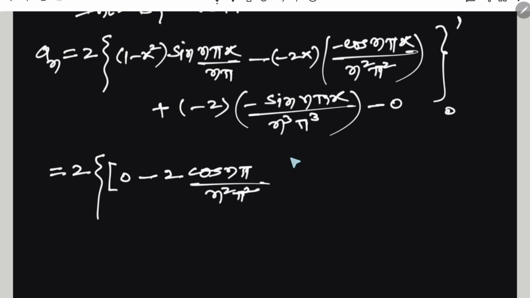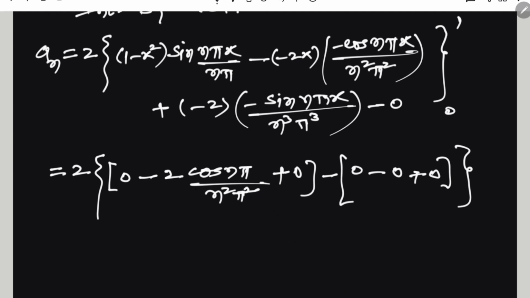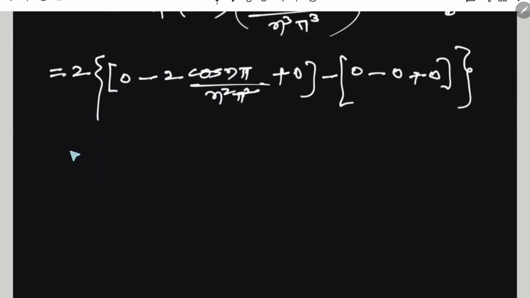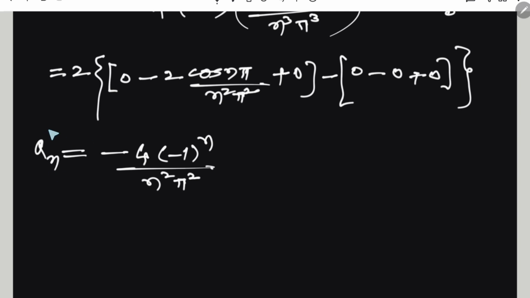Minus minus becomes plus, sine of n pi is 0, minus lower limit, sine 0 is 0, so the first term is 0. As x is 0, the second term also becomes 0. And once again the sine term, sine 0 is 0, therefore the third term is also 0. Simplifying further, we get the value of an as minus 4 cos n pi, means minus 1 raised to n, divided by n square pi square. And that is the value of an.